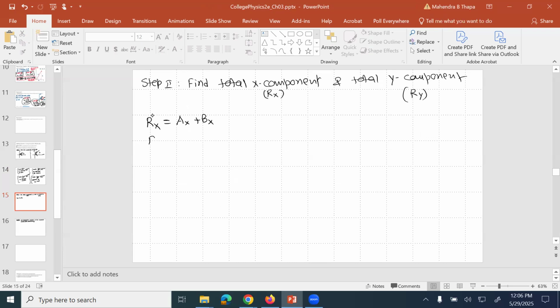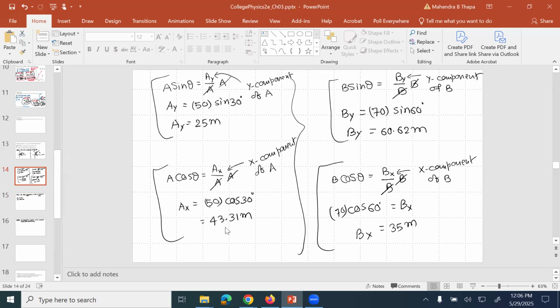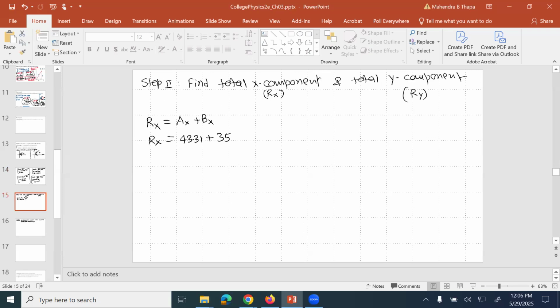So Rx equals AX, which is 43.31, plus BX, which is 35. If I add these two, Rx becomes 78.31 meters. So this is the total x component.